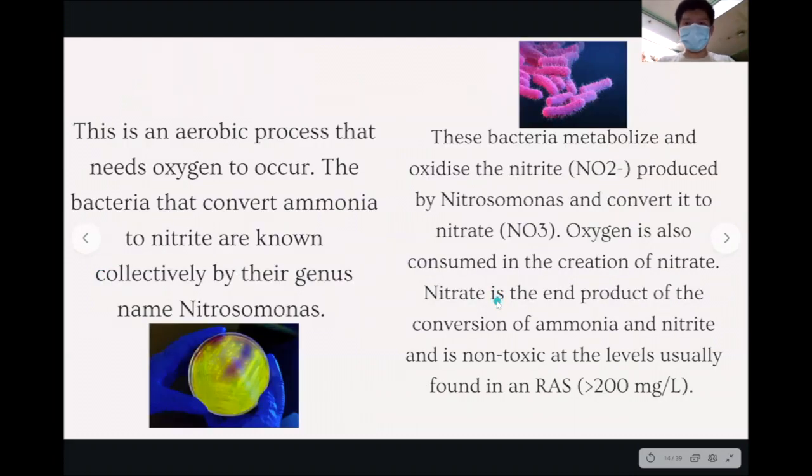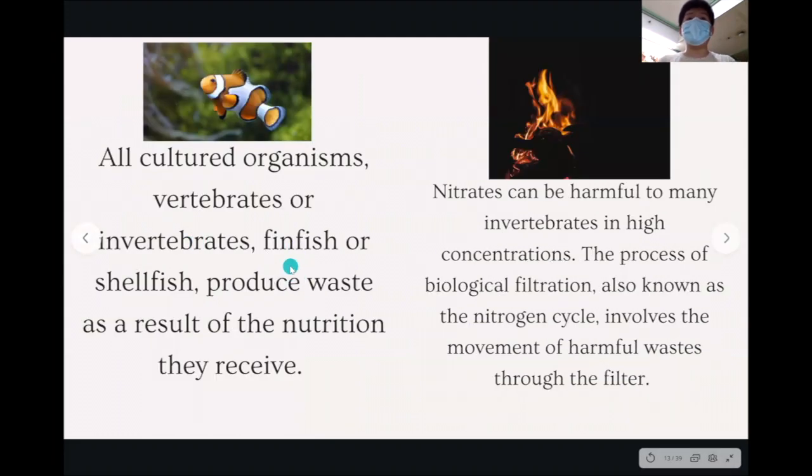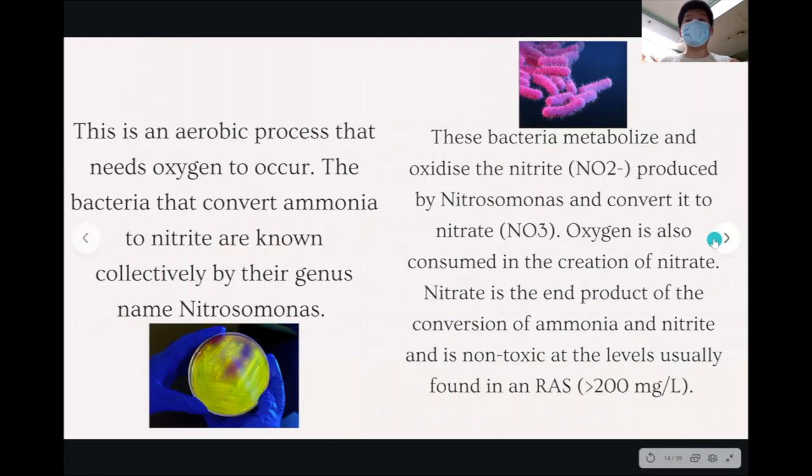So basically, in this part they are converting the nitrogenous waste in the nitrogen cycle, adding oxygen to it, then converting it into something less toxic, so that the invertebrate animals from the previous slide can live well in their environment and won't struggle. So that's the last biological treatment method.